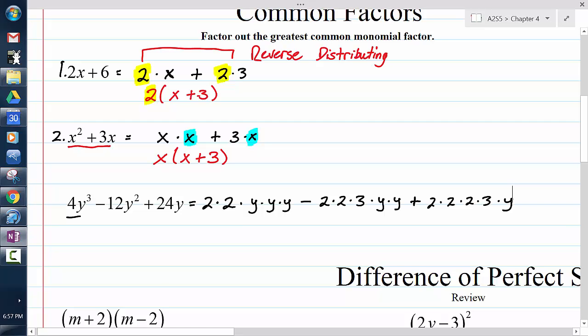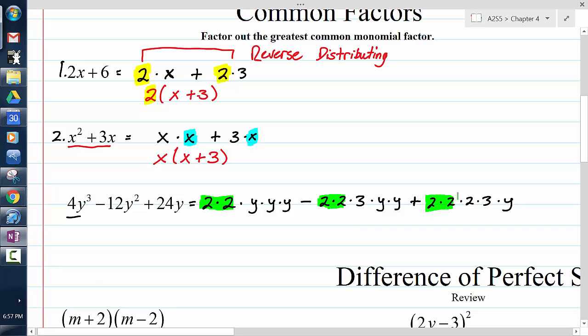Now we're going to highlight what they have in common. What you'll see is that they each have 2 2's. They have 2 of the 2's in common. Each term does.